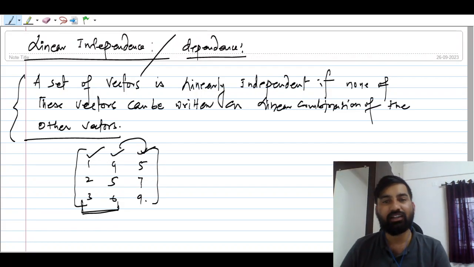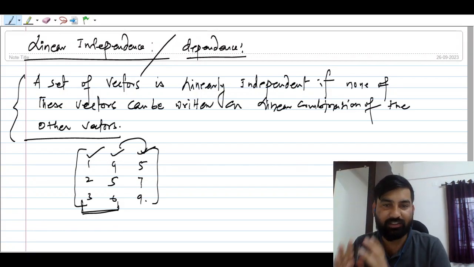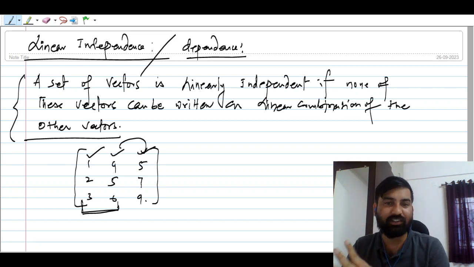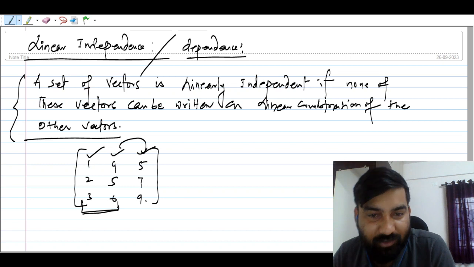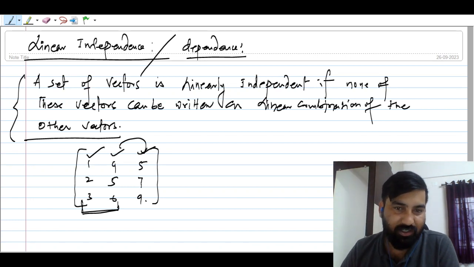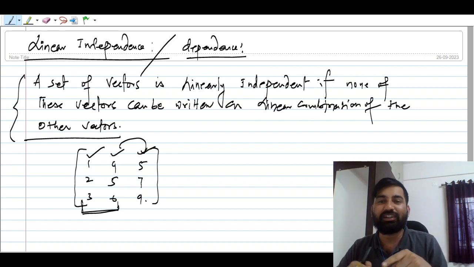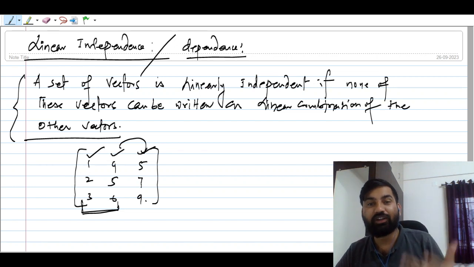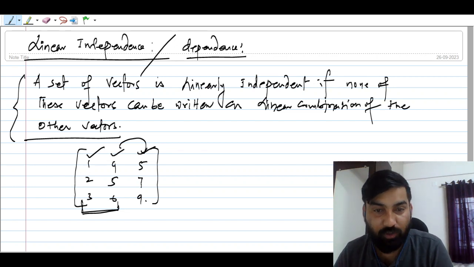सबको समझ आया क्या? LI vector का मतलब क्या होता है कि you have to remember, no vector can be written as a linear combination of other vectors, right? तो आप मैट्रिक्स में देखते हो कि if there are two pivots, rank is 2, and we say there are two linearly independent rows, right?